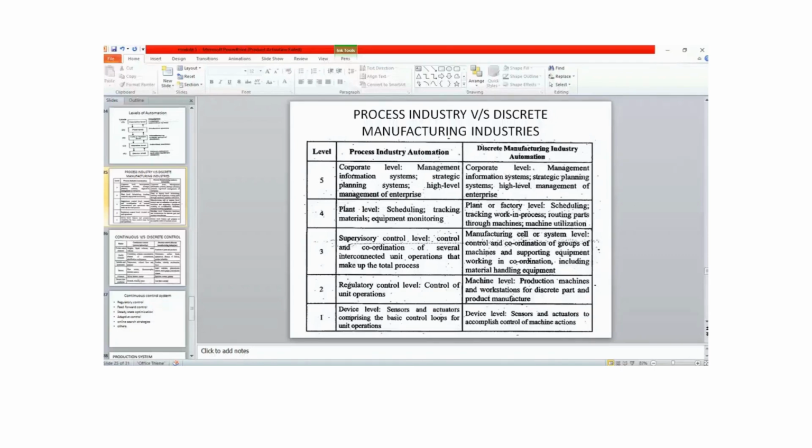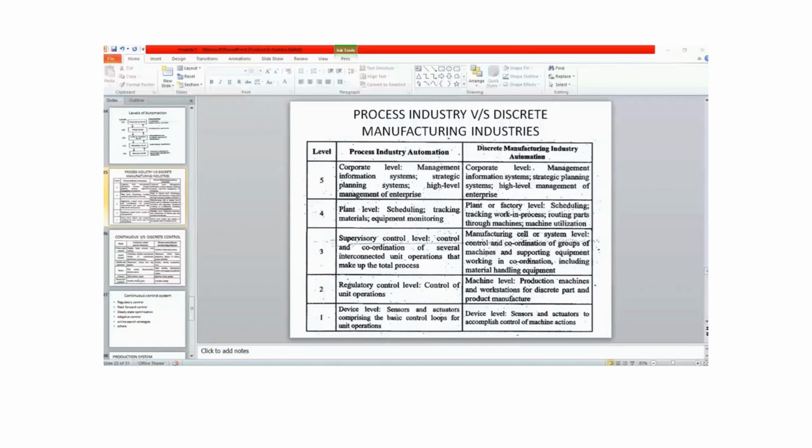So now in that case, we have different levels shown here in the PPT. The first level we can consider is the corporate level. In discrete as well as in process industry, the corporate level will be the same.